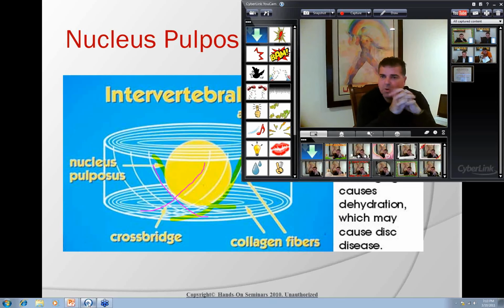And this is one of the properties that we observe also in the complex of the nucleus pulposus and annulus fibrosus. And this is a good thing because this provides a protective mechanism for the nucleus to be maintained in a protective case.